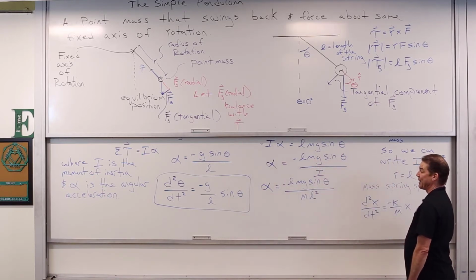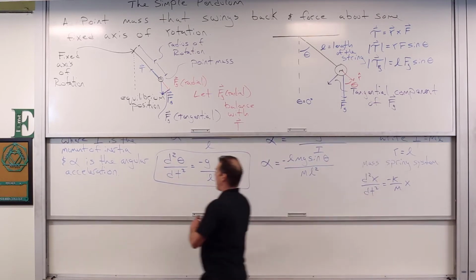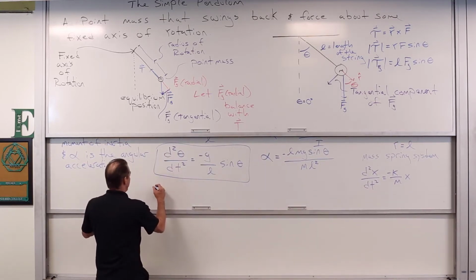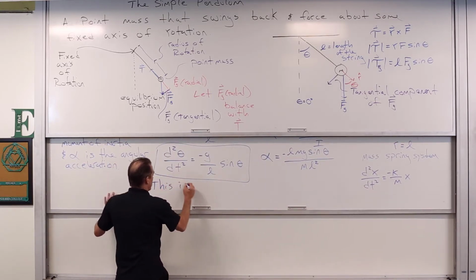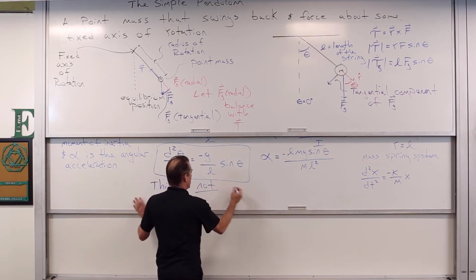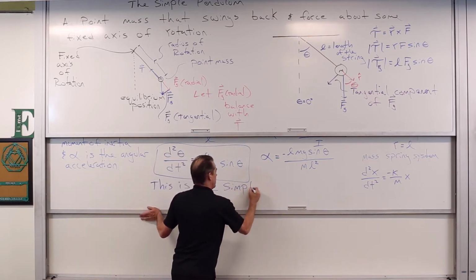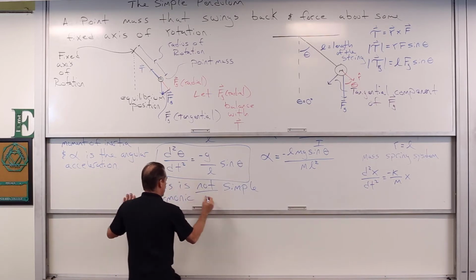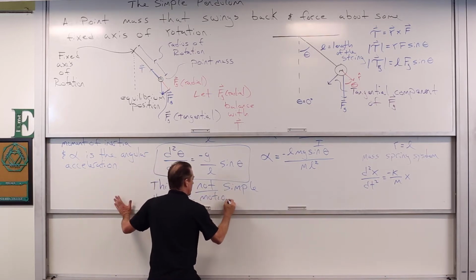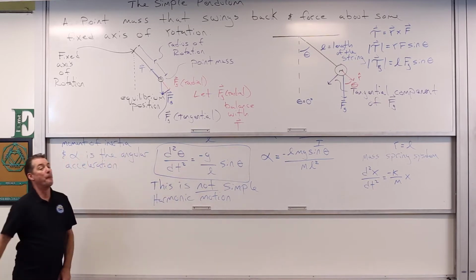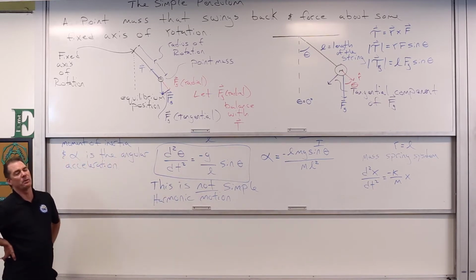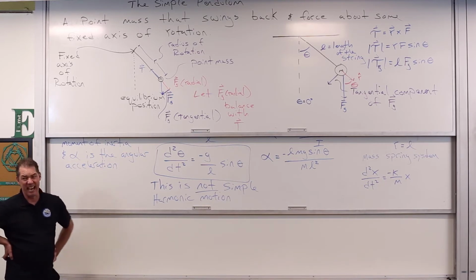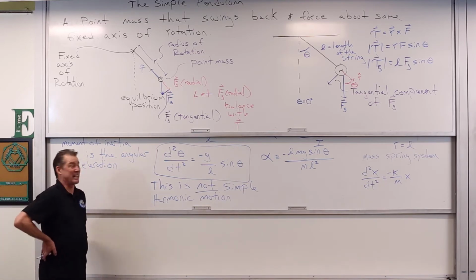All right, so what does that mean? Well, first off, we just write: this is not simple harmonic motion. But it can be really close. And the contingency is that you've got to keep theta small.